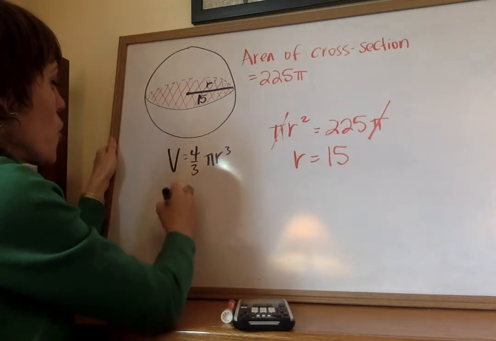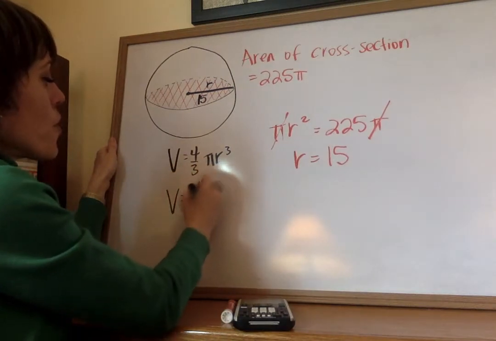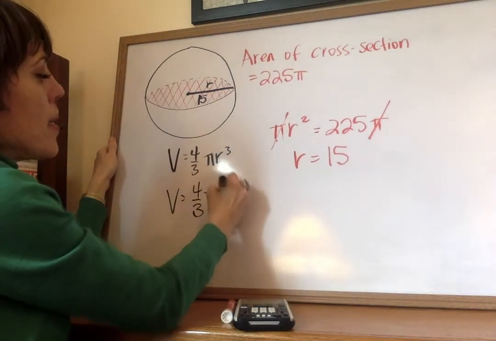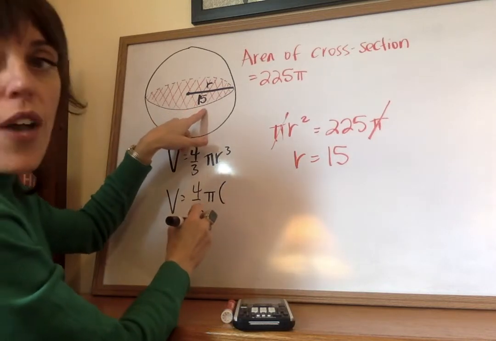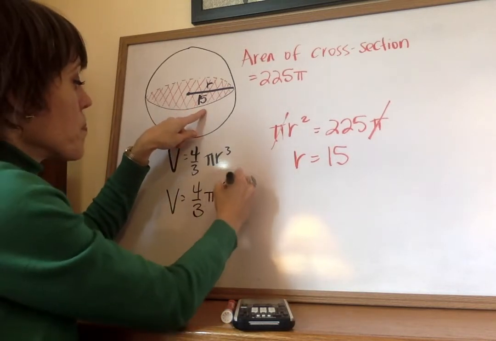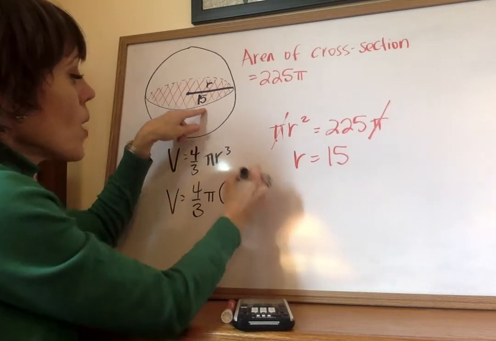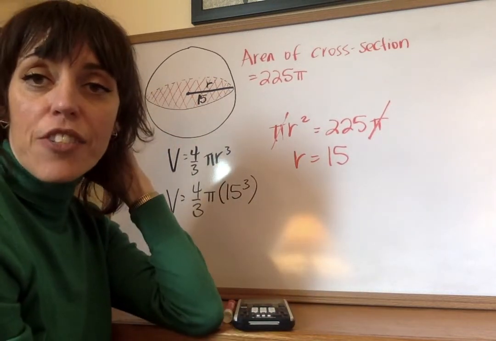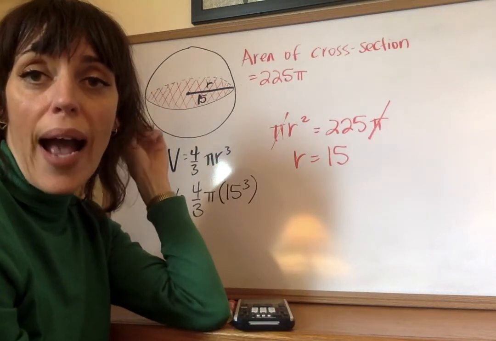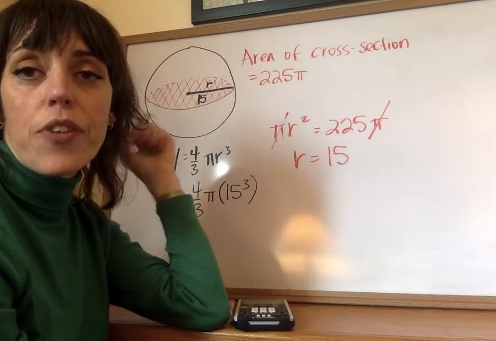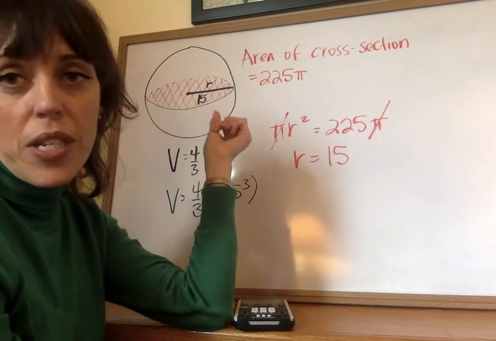So the volume is 4/3 times pi times the radius cubed, and we just found the radius to be 15. I'm going to go ahead and leave my answer exact first, meaning I'm going to leave it in terms of pi, and then I'll find an approximate answer that's a rounded decimal to the nearest hundredth.